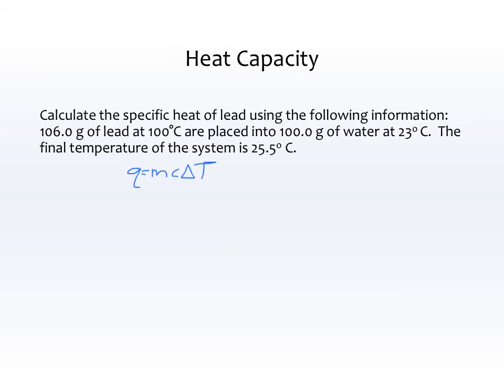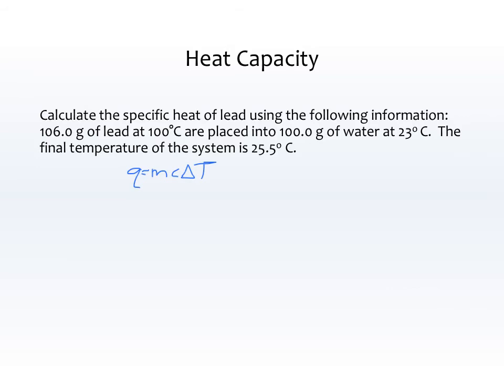But since this is an isolated system, or at least for the sake of argument we're going to assume it is, the lead is losing heat and the water is taking heat from the lead. The amount of heat lost by the lead is the same as the amount of heat gained by the water.